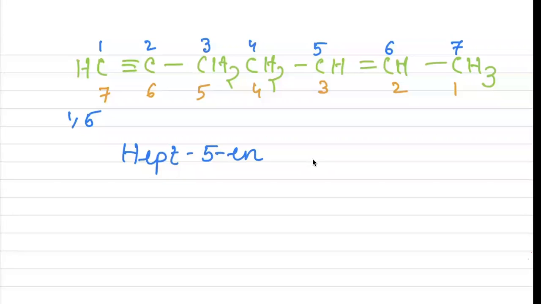Because E comes first, here you have to just write en. Hept-5-yn-1-ene. Here, this E you don't have to write over here. Clear?